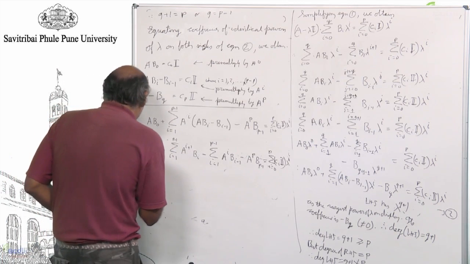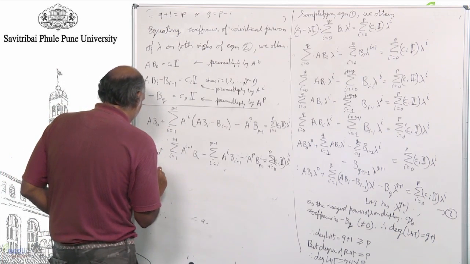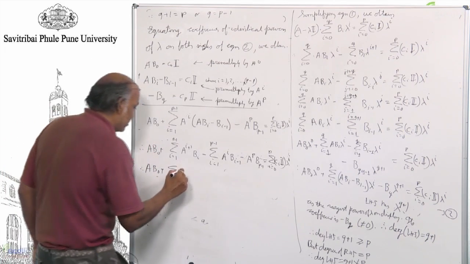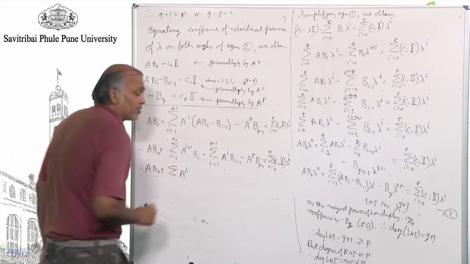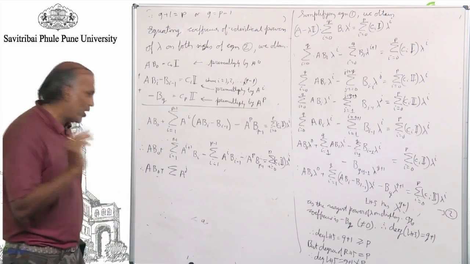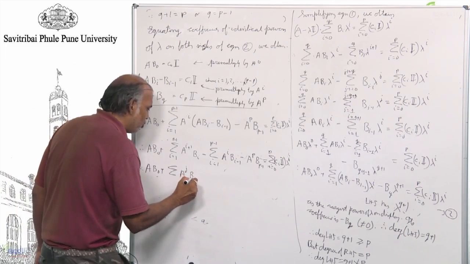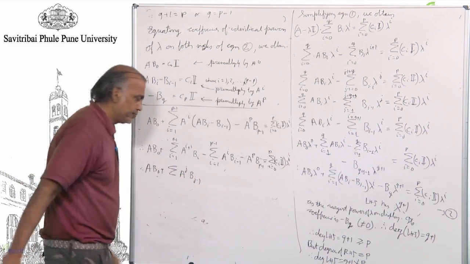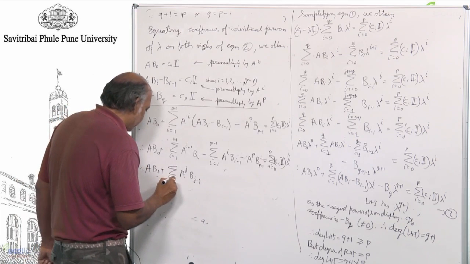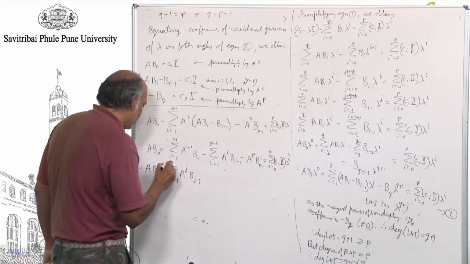So again, you have this as A b0 plus sigma. If I were to call this j, then j would be i plus 1, or i would be j minus 1. So b_i would be b_{j-1}. With i equal to j minus 1, j minus 1 goes from 1 to p minus 1.